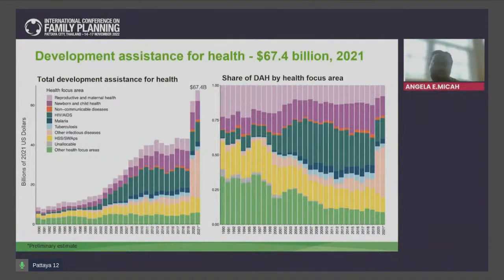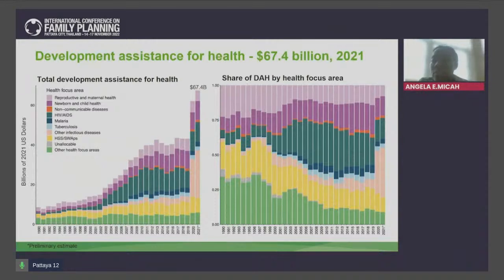We see that over time, beginning in 1990, where we start, generally development assistance for health has increased, even more so in the last 2 years, thanks in no small part to the health-related response to the pandemic. In 2021, 67.4 billion was contributed as development assistance for health.